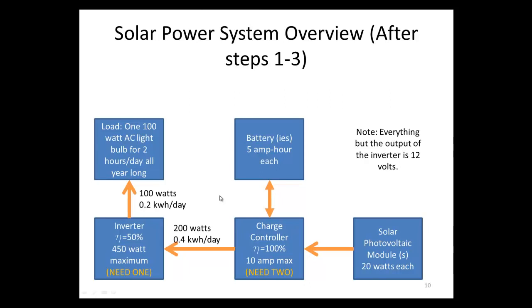We also found that when the light bulb's on, the inverter is drawing 200 watts from the charge controller, and the energy it uses coming from the charge controller is 0.4 kilowatt hours per day. So what that means is we need to supply either from the battery or from the solar module that 0.4 kilowatt hours per day. That's what we're going to talk about next, is how we can do that.